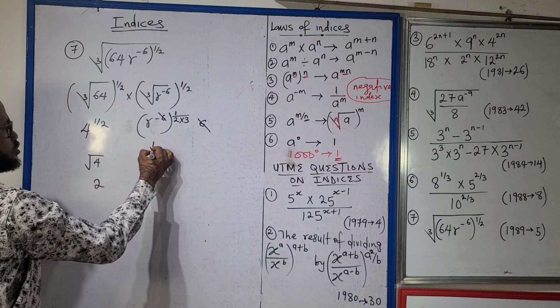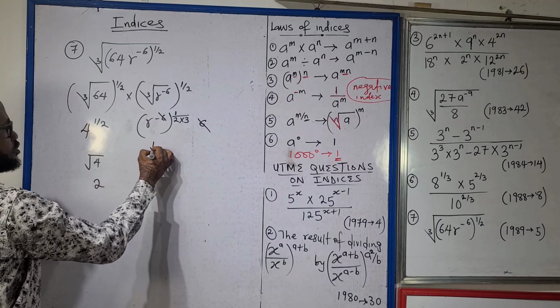So normally 3 would have taken out 3, so I have 7 times, this will turn upside down, 100 over 14 times 25 raised to power half, which means 1 divided by square root of 25. So what we have is 7 times 100 divided by 14 times 1 over 5.